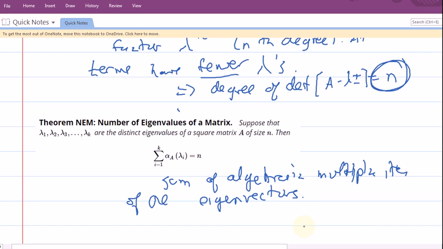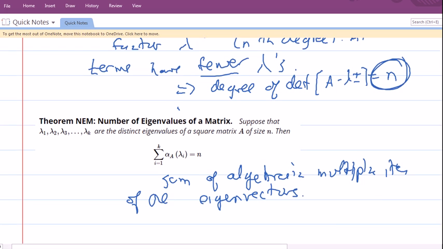Well, the form of the characteristic polynomial looks like this.